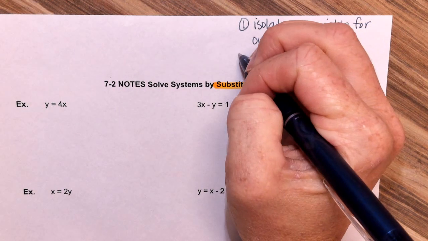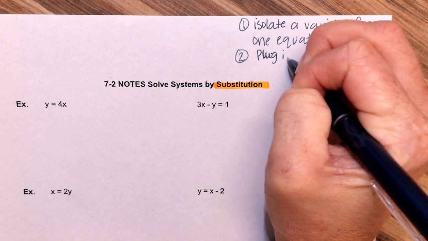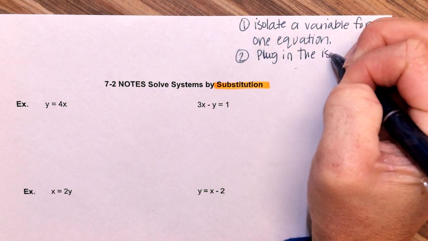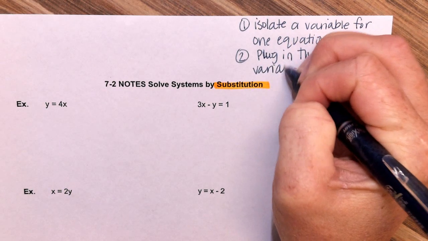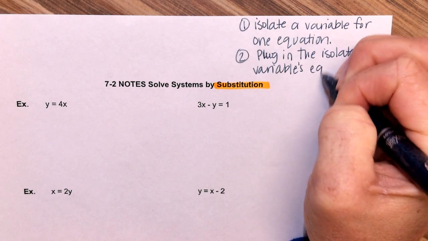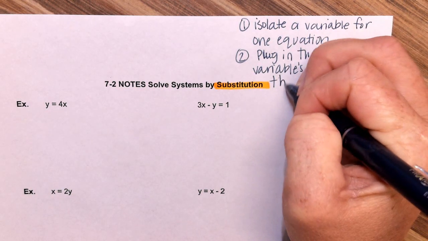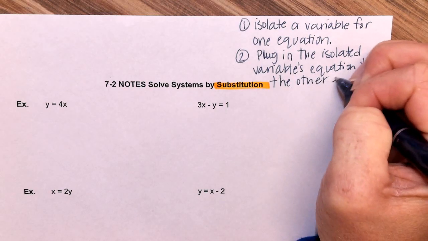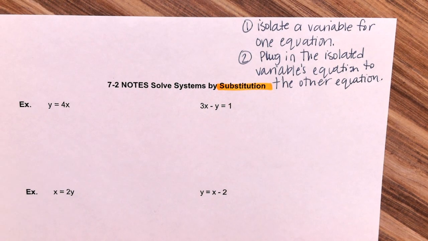Your second step is to plug in the isolated variable's equation to the other equation. That sounds confusing, but it will totally make sense in a minute.